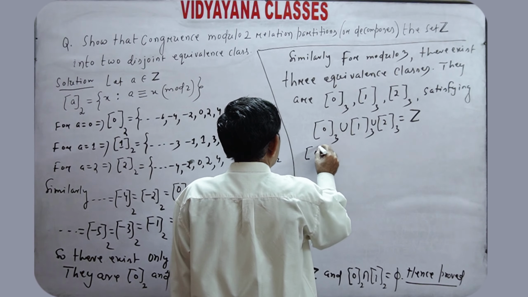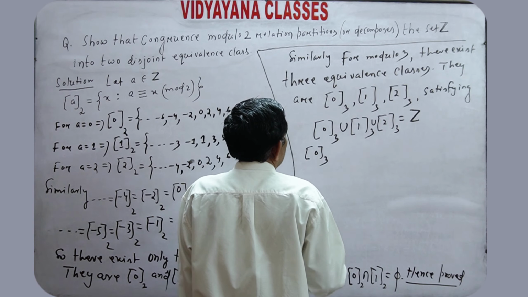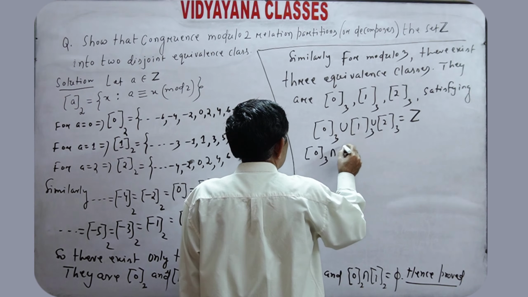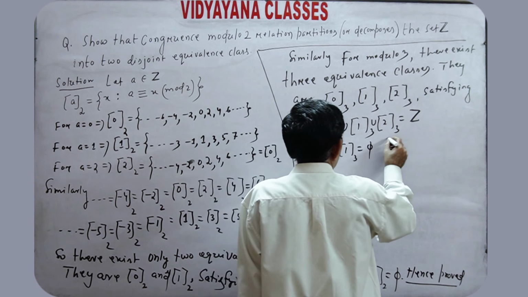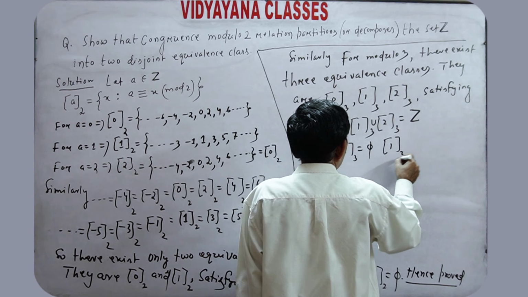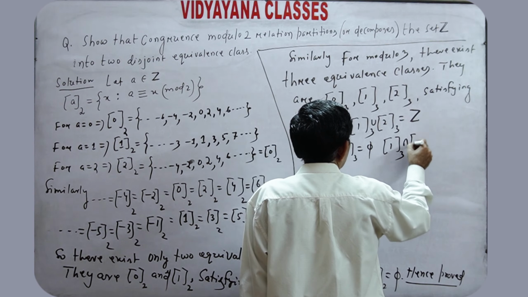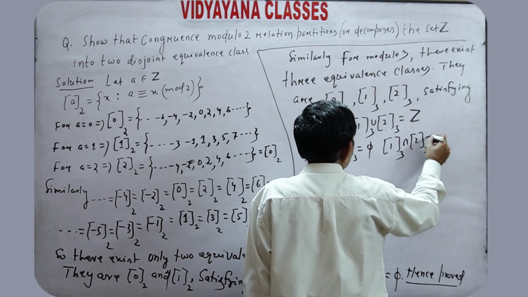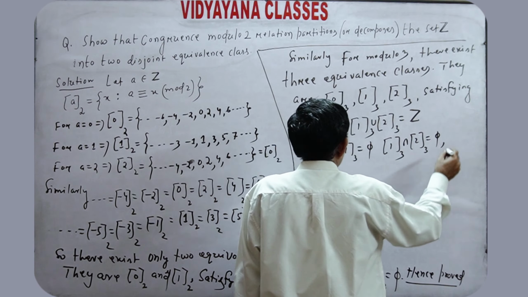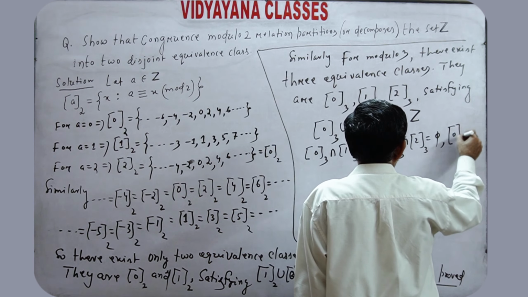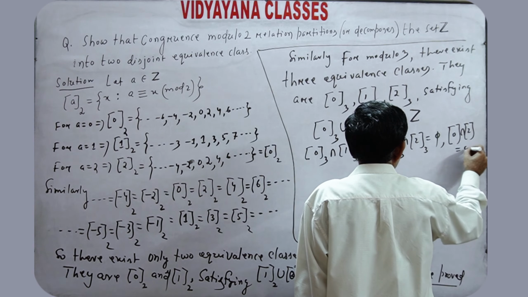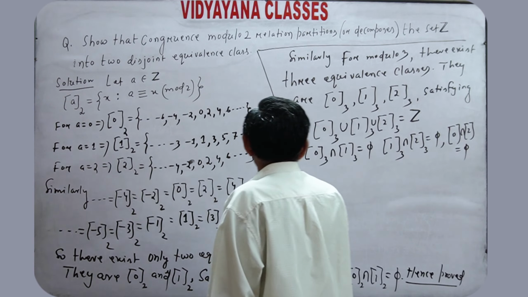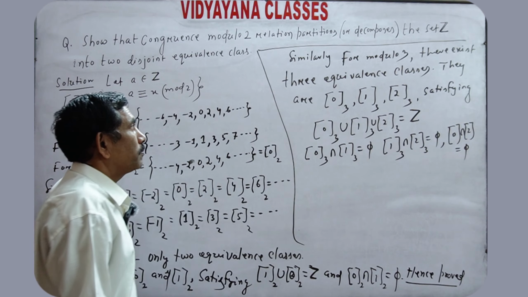Equivalent class of 0 intersection equivalent class of 1 is equal to phi. Equivalent class of 1 intersection 2 is also phi. And equivalent class of 0 intersection equivalent class of 2 is equal to phi. Clear?